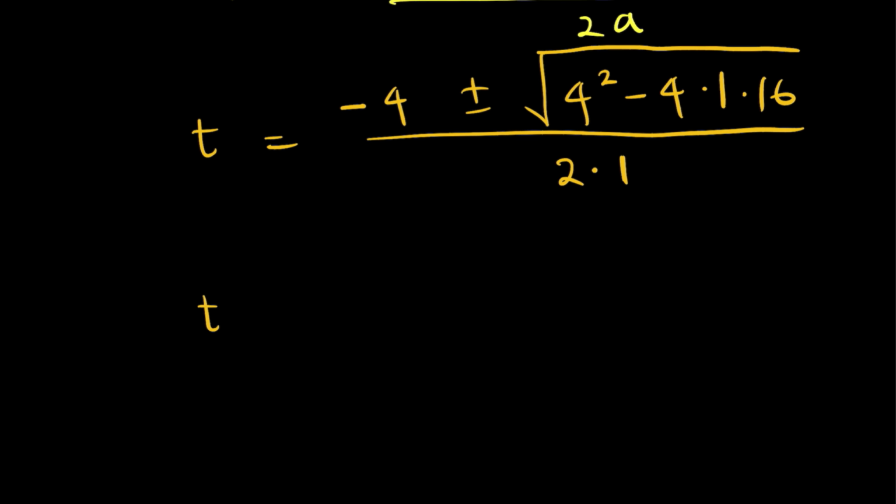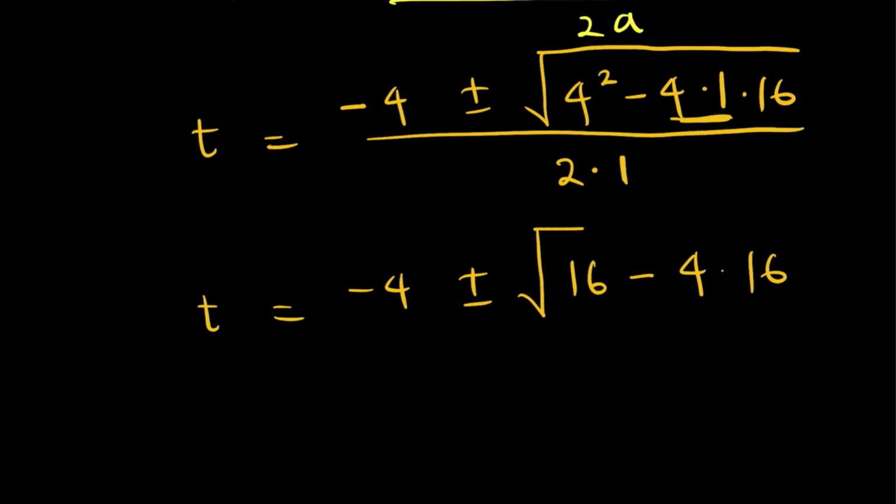We get t is equal to negative 4 plus or minus square root of 4 squared is 16, then minus 4 times 1 times 16, then divided by 2 times 1, that is 2.